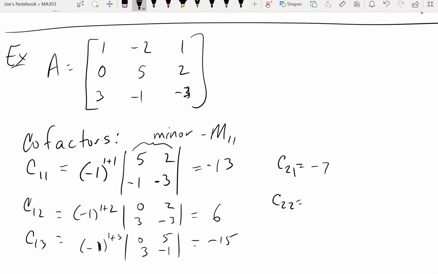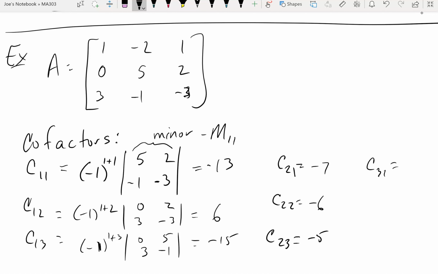So I get negative 3 minus 3 gives me negative 6, and it'll be a positive negative 6, right? C23. I get 1 times negative 1, so I get negative 1 minus a minus 6. So I get positive 5, but it'll be negative because of the 2, 3 entry.